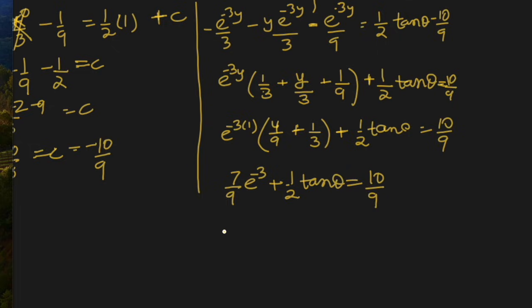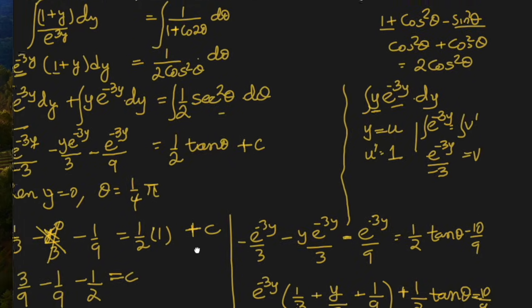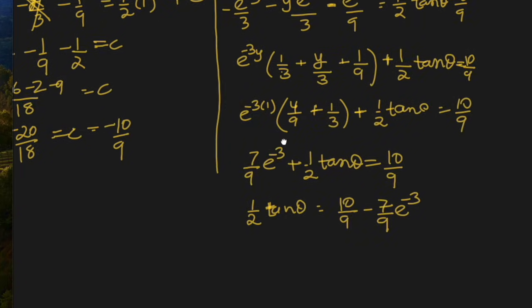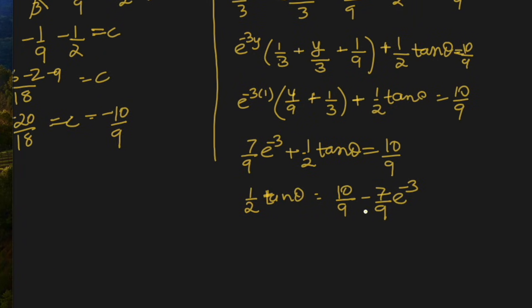So let me put this here, half tan theta stays here, and that goes to the other side, 7 over 9 e to the power minus 3. Since they are saying exact value, right? Exact value. So we have to keep it like this.